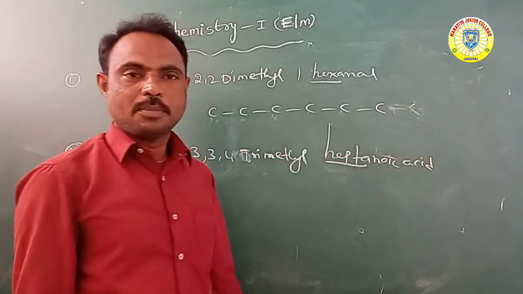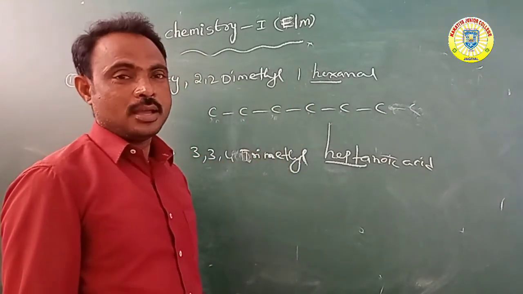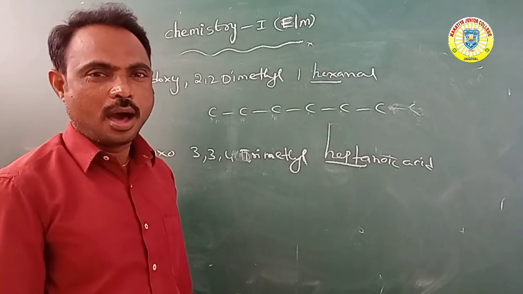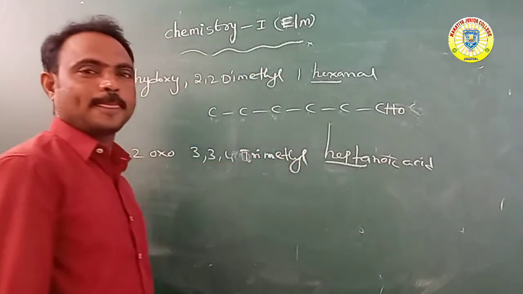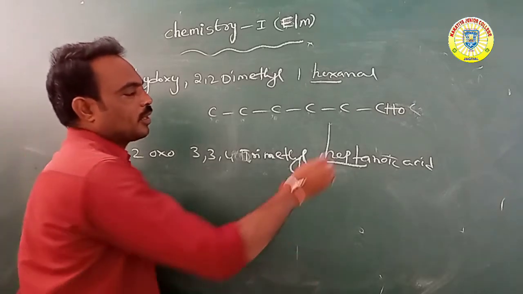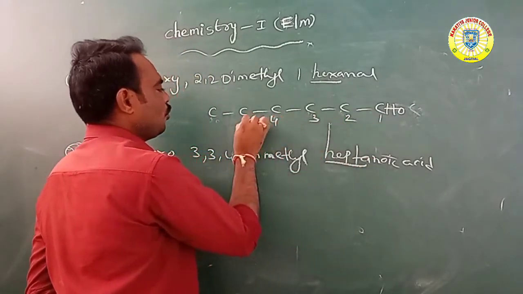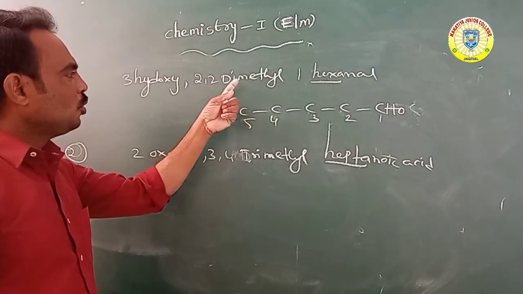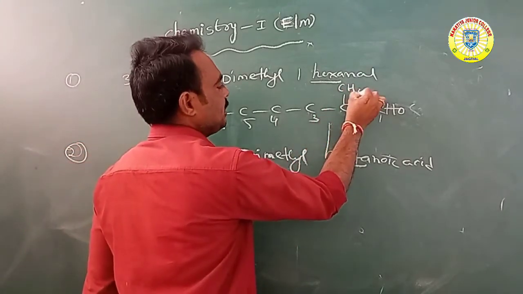So total 6 carbons. Hexanal, al means aldehyde function. So CHO at the end. Next, we use the numbering from the aldehyde side, 1, 2, 3, 4, 5, 6. The second carbon is attached with 2 methyl groups, CH3, CH3.